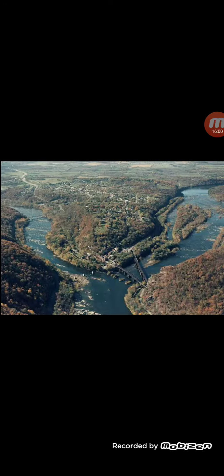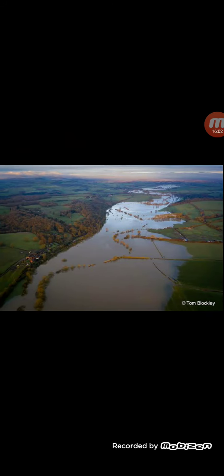I will show some pictures of the topics we discussed. See, this is a floodplain, and this is a stream. All these streams join and form a tributary, and these are tributaries. See, this is also a tributary, and this is a river. It's a big one.